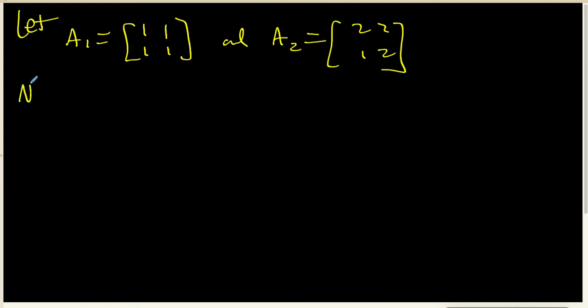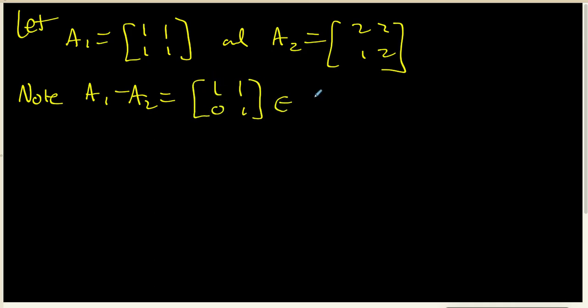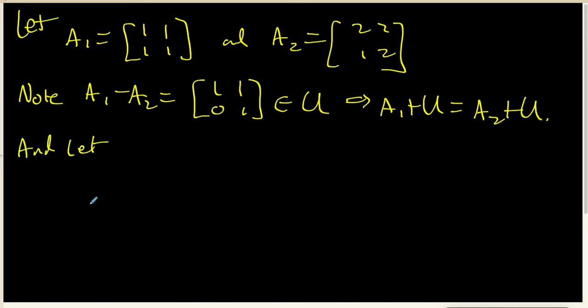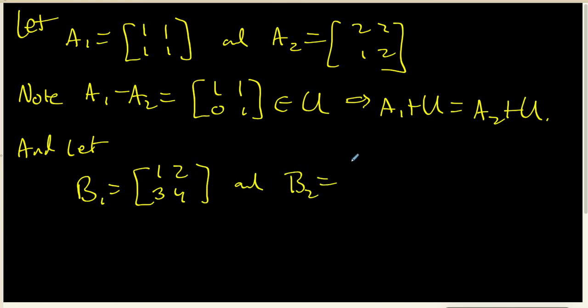And what I want to note is that A1 minus A2 is 1, 1, 0, 1, which is clearly inside U, and that tells me that A1 plus U and A2 plus U are the same coset. And I'm also going to let B1 be equal to 1, 2, 3, 4, and B2 is going to be equal to 2, 3, 3, 5.